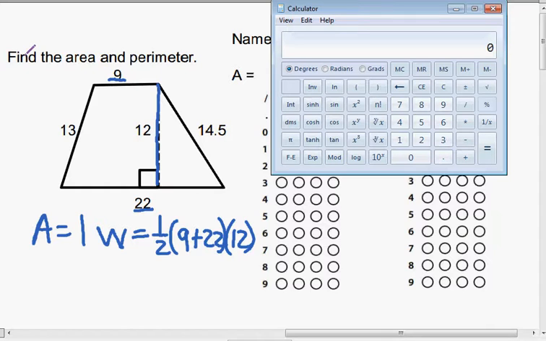Nonetheless, same thing. 1 divided by 2 times parentheses 9 plus 22, and I close the parentheses, and then times 12. 186.